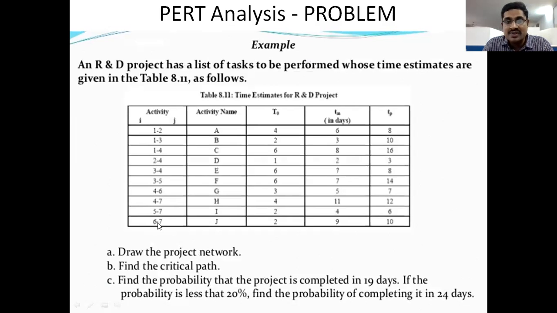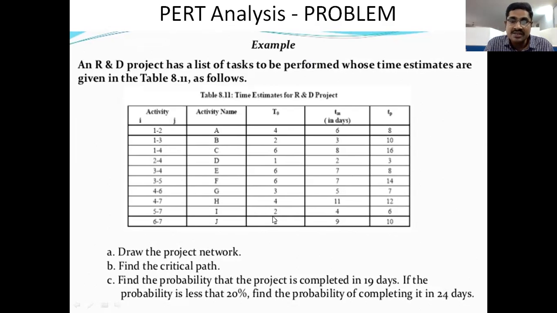Take the example of the 6 to 7 activity: 2 hours of short time, 9 hours normal time, and 10 hours maximum time to complete, right? So each and every activity has three types of timings: optimistic time, normal time, and pessimistic time. So shortest time, normal time, and longest time for each activity.